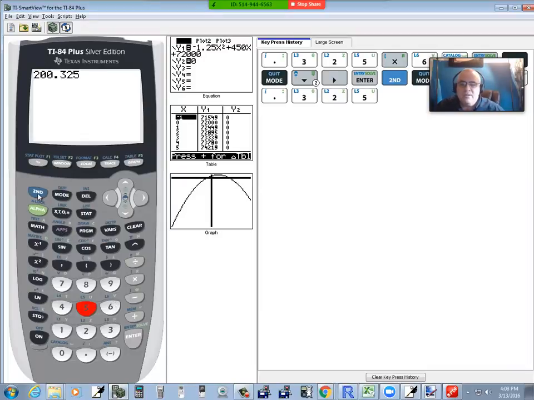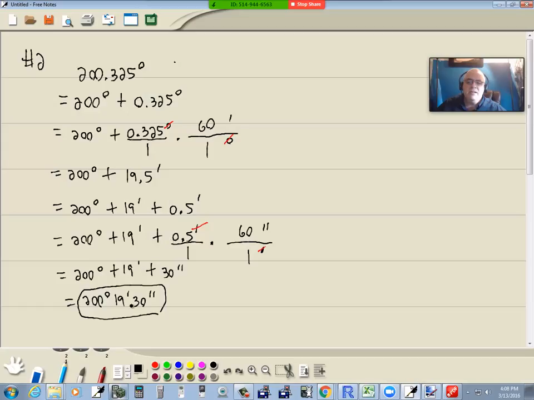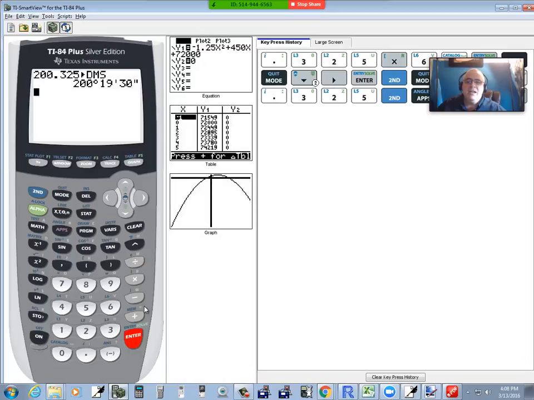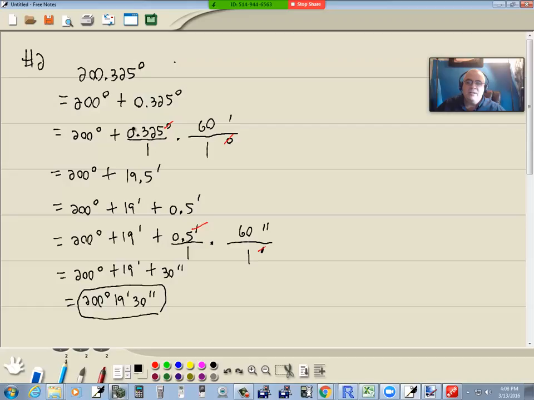There's an angle menu option. Let's see what's underneath. So we'll do second apps, go into angle, and number 4, I believe, changes it to degrees, minutes, seconds. If I choose that, I get 200 degrees, 19 minutes, and 30 seconds. That's not available on every calculator, but that's how you do it on this one. Let me clear that off. We'll take a look at the next problem.